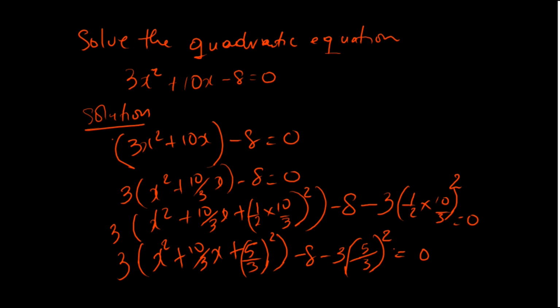Now, we're going to group the terms that have squares. So we have 3 times x plus 5 over 3 squared minus 8 minus, and we're going to have what? 5 times 5 is 25, and then 3 times 3 is 9, and then 3 into 9, so we're going to have 25 over 3, which gives us minus 8 minus 25 over 3, which gives us negative 49 over 3.